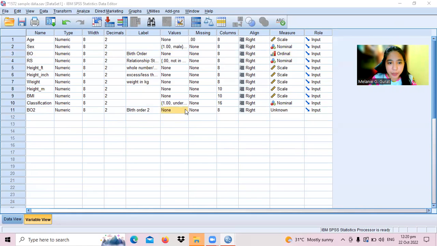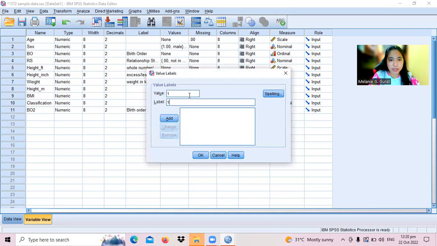We place that 1 means first or only child, 2 means second child, 3 means at least third child.